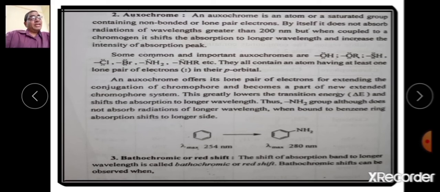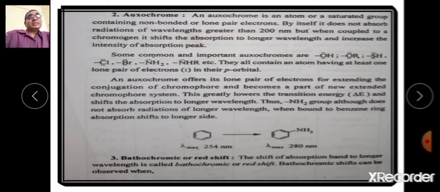Benzene is a chromophore, but when the auxochrome is attached to the chromophore, the lambda max value is increased to 280 nanometer, and therefore there is a shift of wavelength to the longer side from 254 to 280, and this shift is known as the red shift or bathochromic shift.